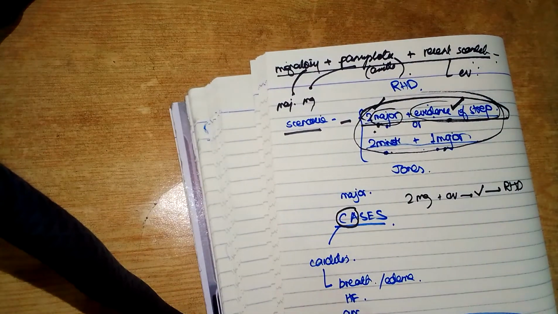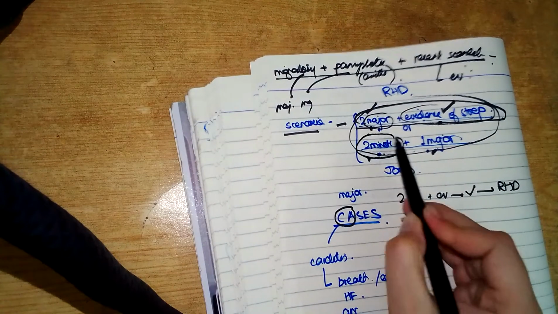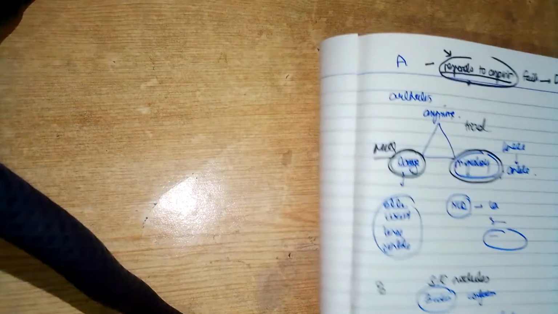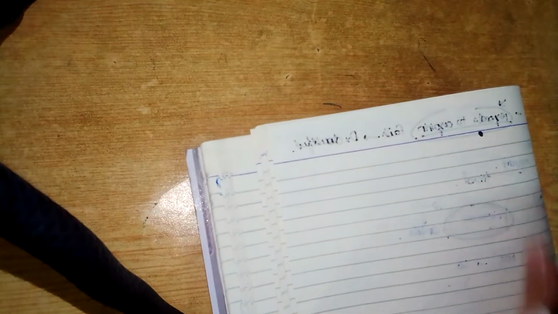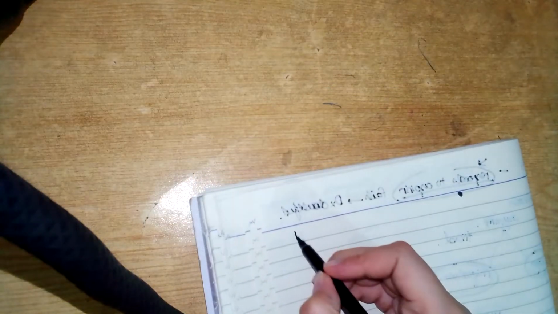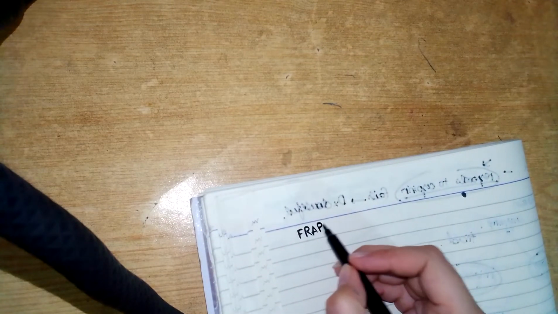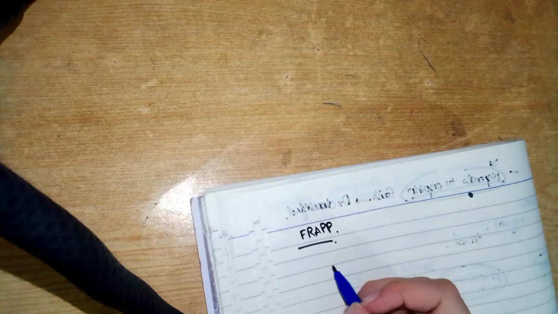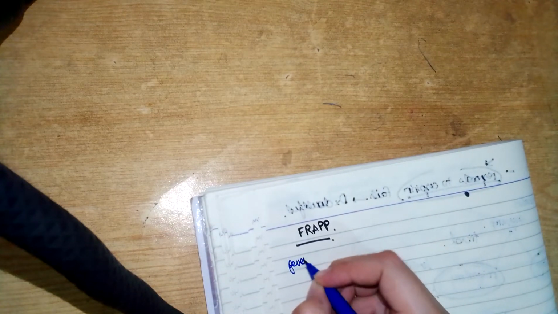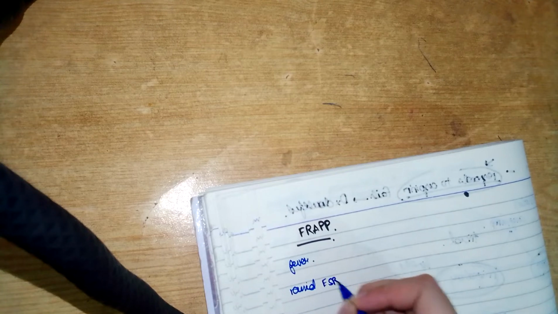Or there can be one more thing, that they can give you two minor plus one major. For this you should know the minor criteria. So what is the minor criteria? Basically the minor criteria is very simple. They usually don't give you minor criteria in your scenario. You can easily diagnose this on the basis of two major plus evidence, but still you should know that FRAPP is a mnemonic. F is fever. R is raised ESR titer.